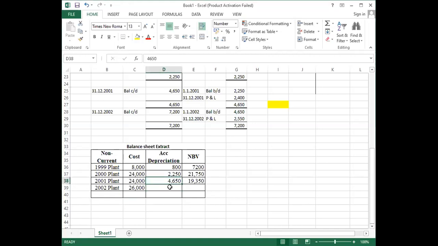We add the depreciation for this year, which is 2250, as indicated here, right? To get what? 7,200. And therefore, at the end of year 2002, our assets are worth 26,000 minus 7,200 to get 18,800.